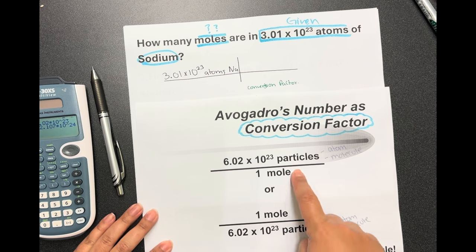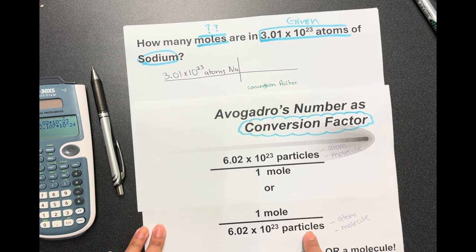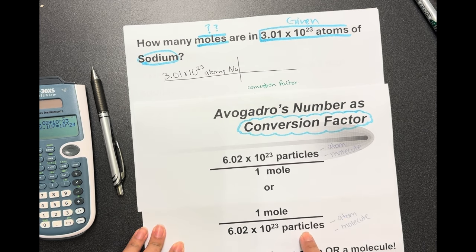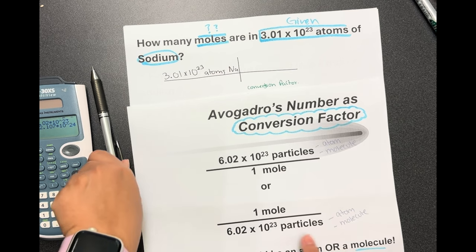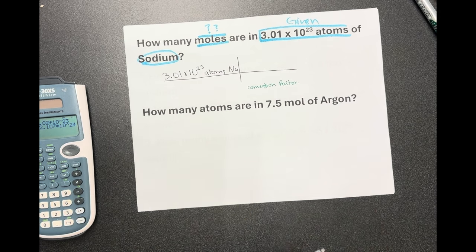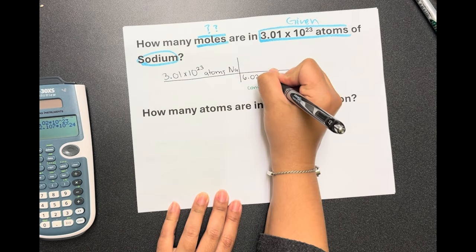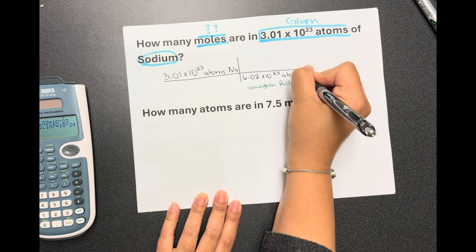So am I going to write the top one or the bottom one? I need to know which unit I want in the bottom. Here I have atoms in the bottom. So in the bottom of my conversion factor, I need atoms. So I want to use the one that has Avogadro's number in the bottom.